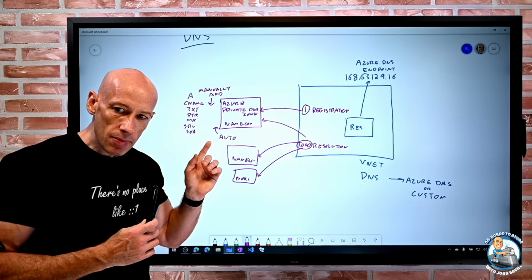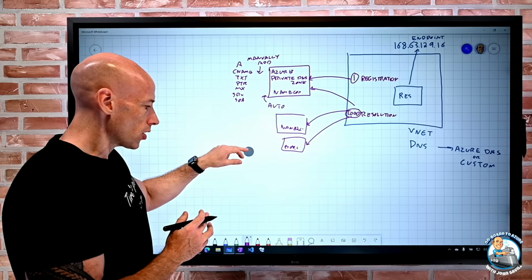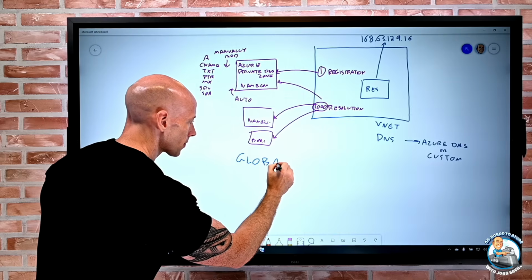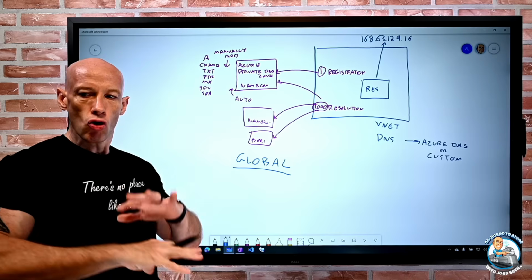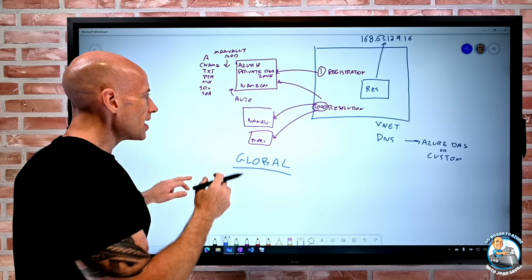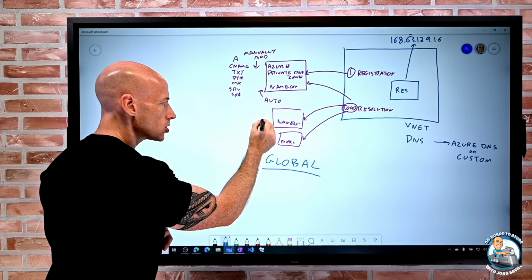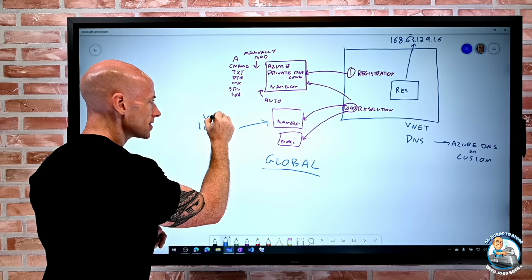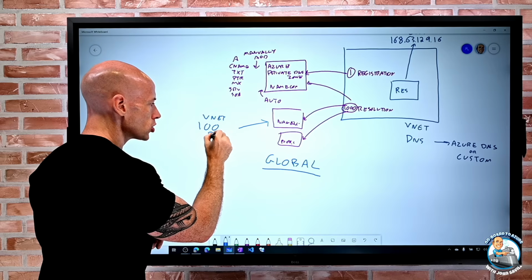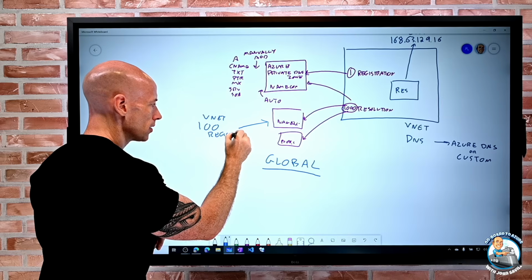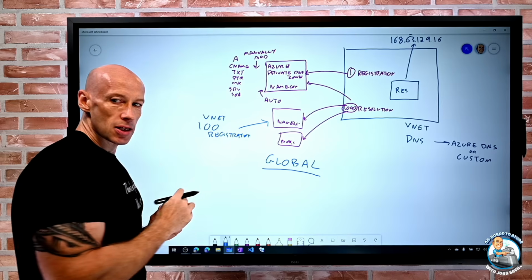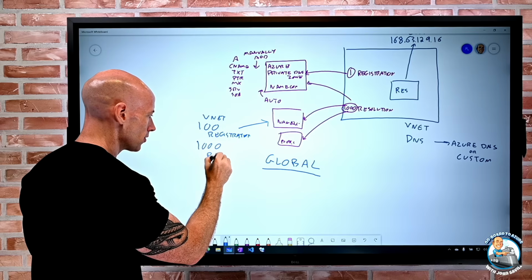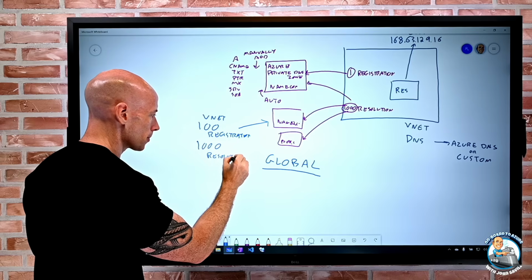Now those zones themselves, so each of these zones, now firstly, these are global resources. I can use them across different regions. And for each zone, it supports 100 VNets that are doing registration to it. And it supports 1,000 VNets for resolution.